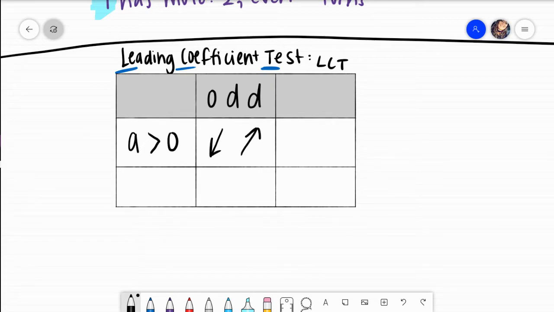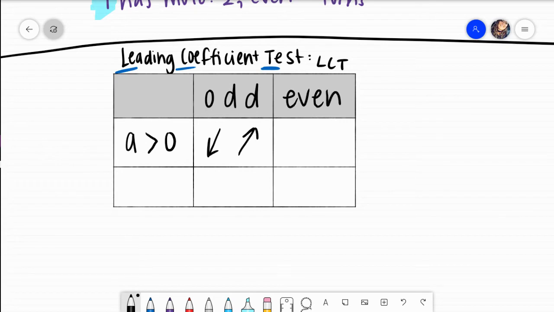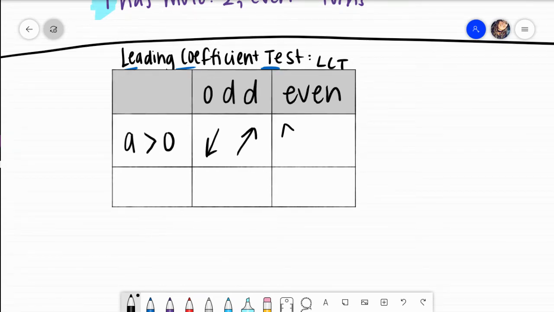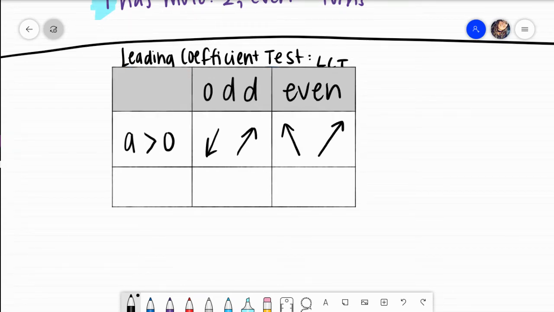If your leading coefficient is greater than 0 and your degree is even, then it rises to the left and it rises to the right.